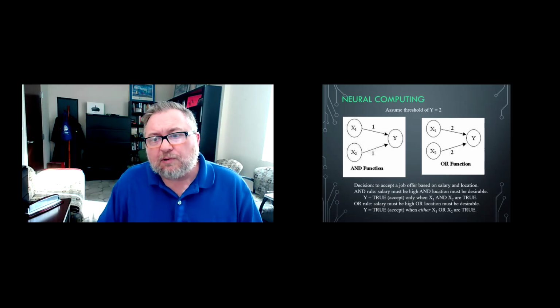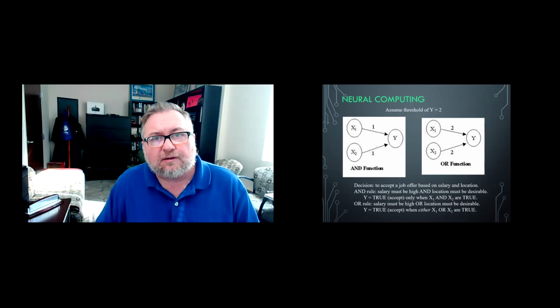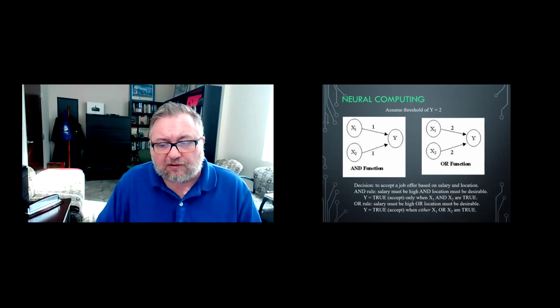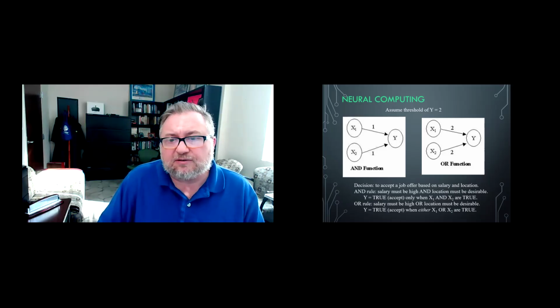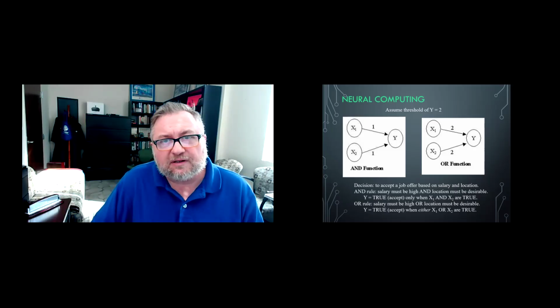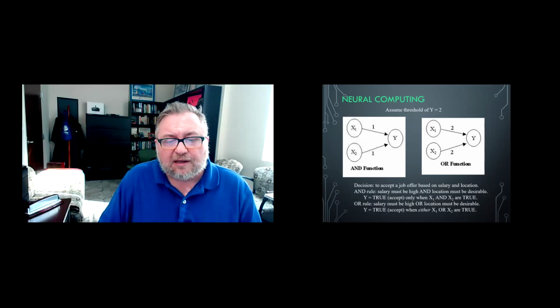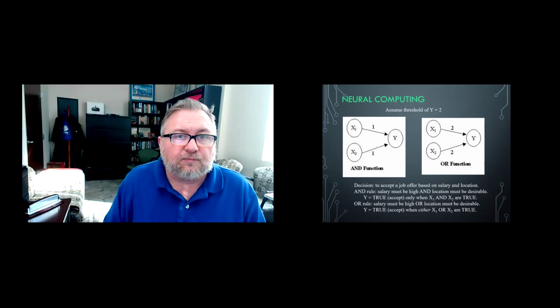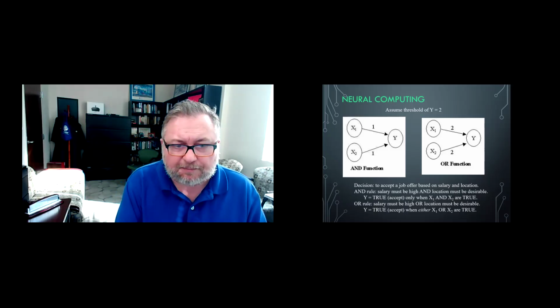So now the activity of Y is information really now about an OR decision, right? So if we change our logic a little bit here and say, I'm willing to accept the job if the salary is good or if the location is good, but I don't necessarily need to have both, then we get this kind of decision rule, right?